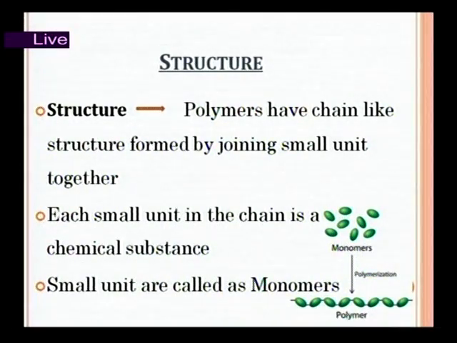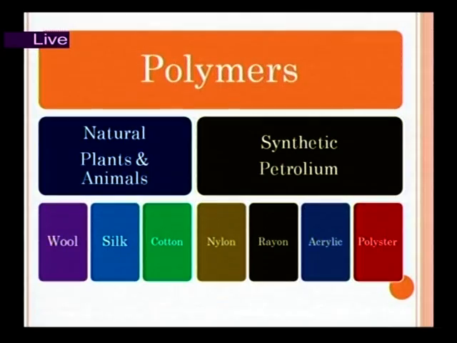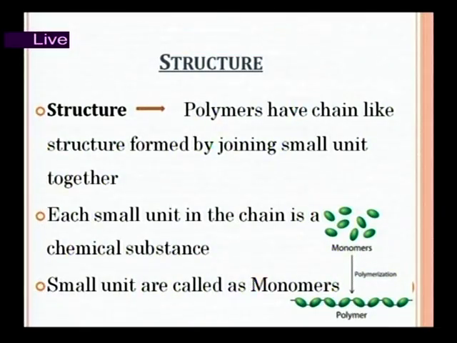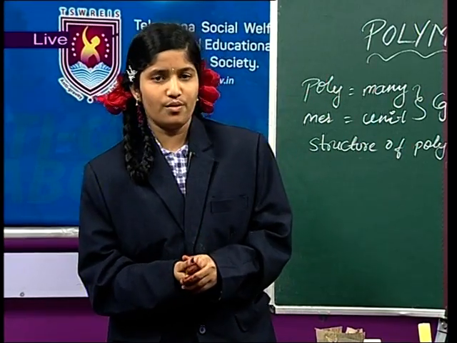Polymers have a chain-like structure formed by joining small units together, and each small unit in the chain is called a chemical substance. Small units are called monomers.